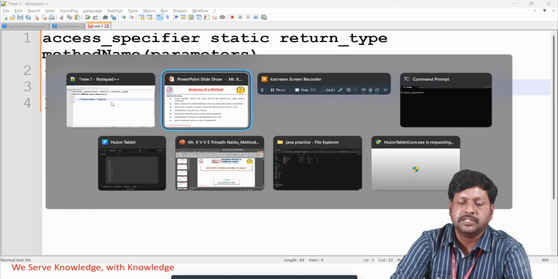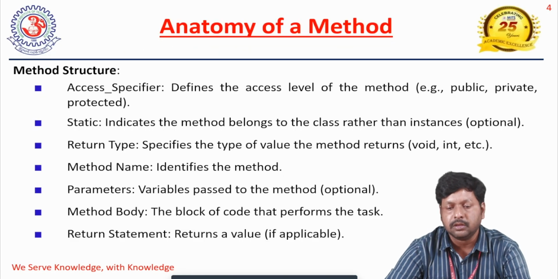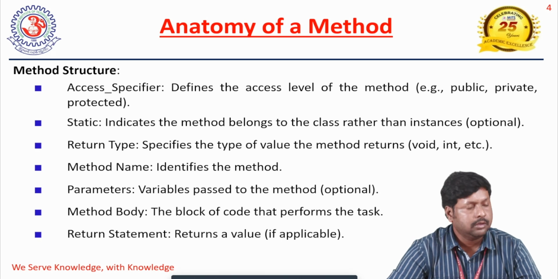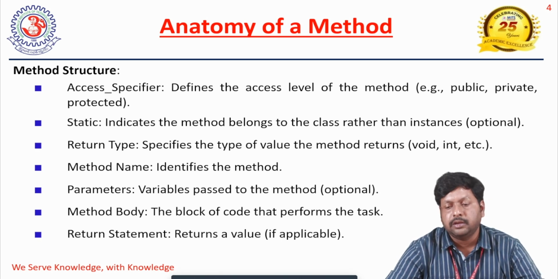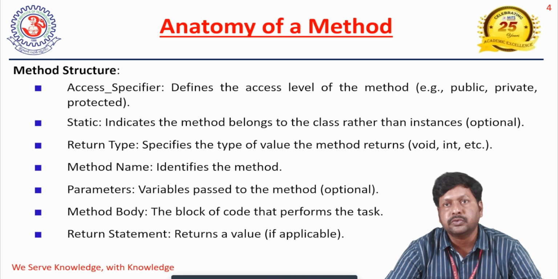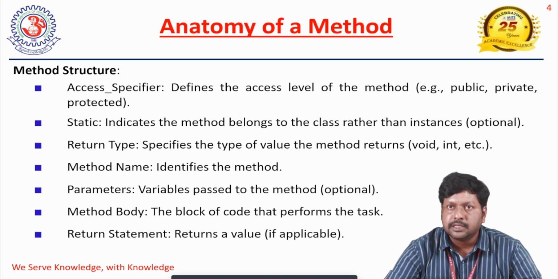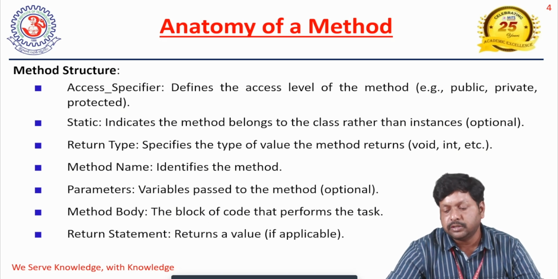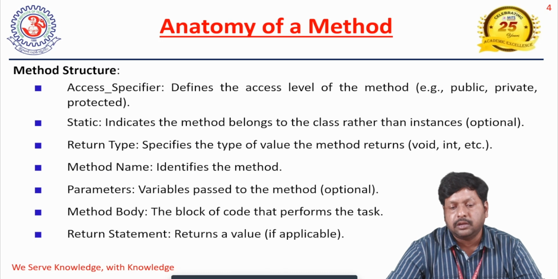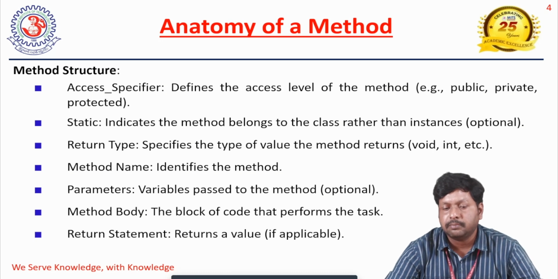So access specifiers define the scope of a method. That means we can use the method inside a class or inside a package or inside another class. For that reason we can use access specifiers as public, private, protected.